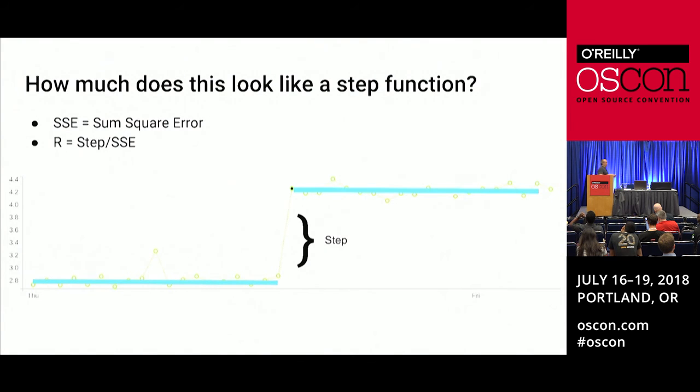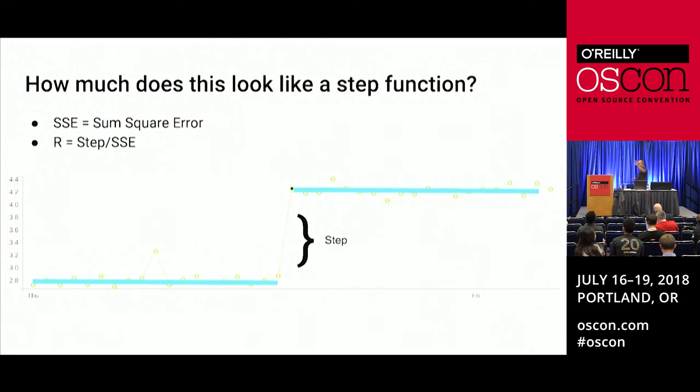So a little hand wavy here. We have this idea of R. R is our regression factor. And we're going to look at 2 things here. We're going to look at the sum square of error between what those bars are and then the step. So remember, the centroid is already normalized.